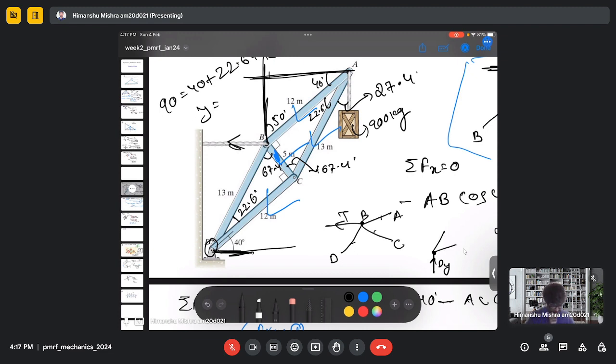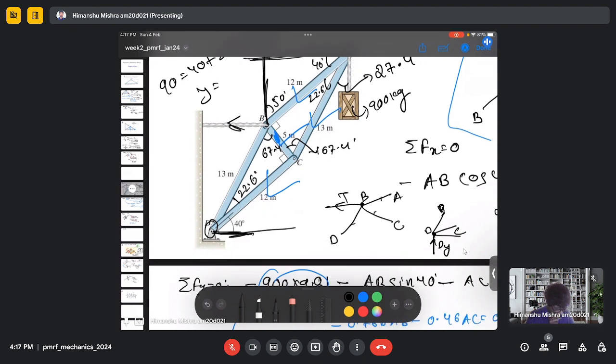One is BD and another is DC. And we know the angles as well. So DC is 40 from horizontal and DB is 22.6 from DC. So let's consider joint D here.